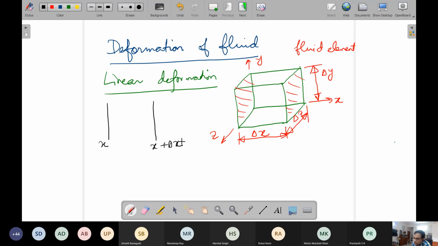These are essentially two faces. Let us say that we allow a time of delta t and see how these faces are moving. Because it's linear deformation, we will just study how it is getting linearly displaced. So over a period of time, this will get displaced by how much to a new location.